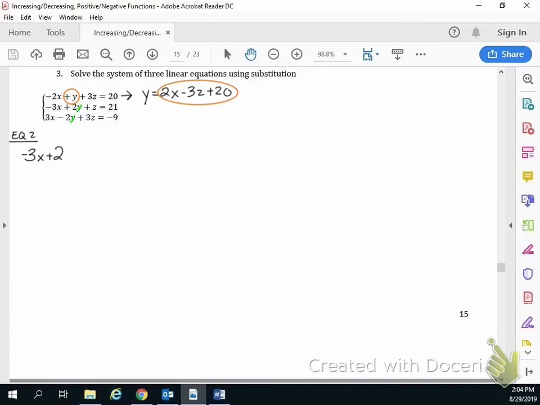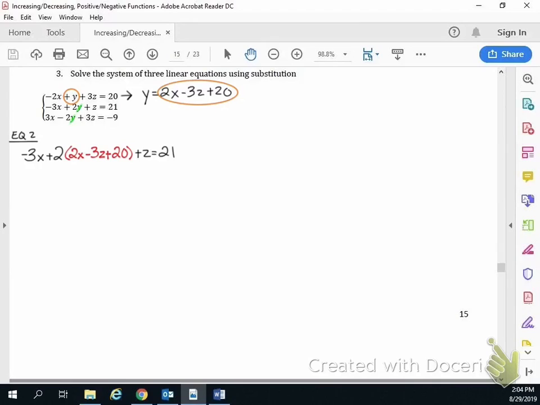Instead of y, I'm going to plug in 2x minus 3z plus 20. So we already rewrote the first one on the top. We solved for y in that, yes. We're plugging in y. And then I still have plus z equals 21.